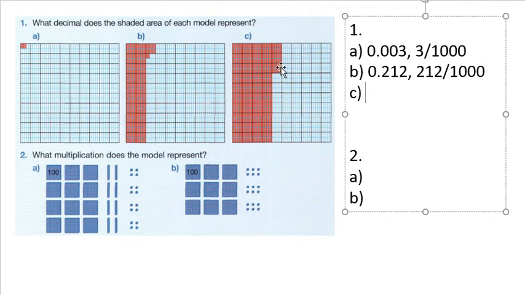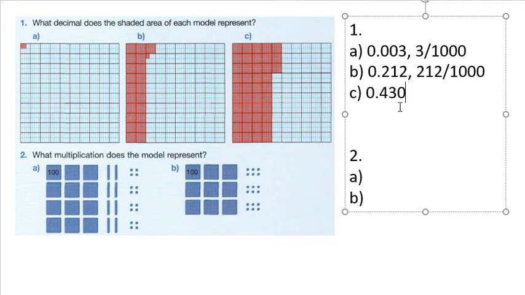Once again, we can count our columns of tenths. We have 0 ones, and we have 4 tenths, 1, 2, 3, 4 full columns. We have 3 of our smaller squares, and there is nothing else that's shaded in.